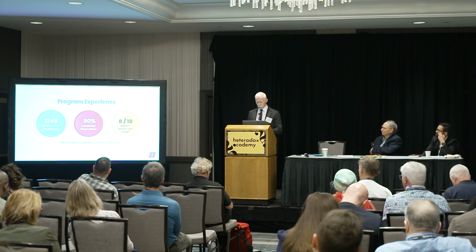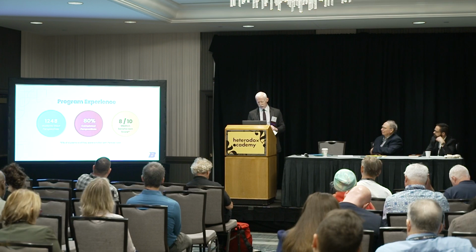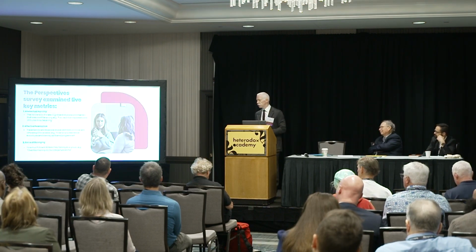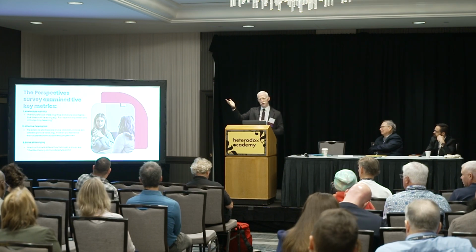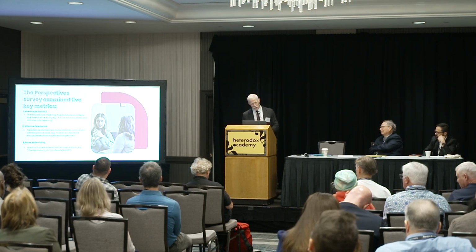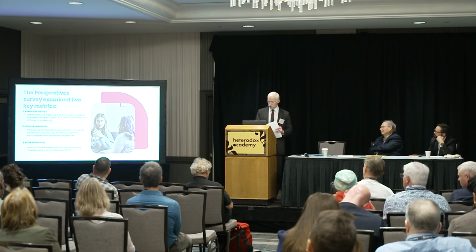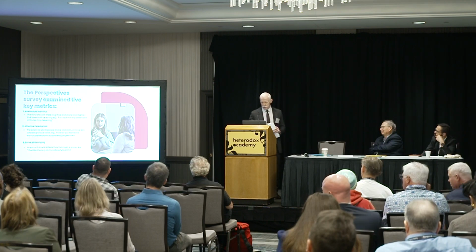We had 1,248 students that used Perspectives. One of the things they do at this level is a pre-survey and a post-survey across 5 key metrics to see how it impacts students when they go through the program, in addition to what they say about their experiences.